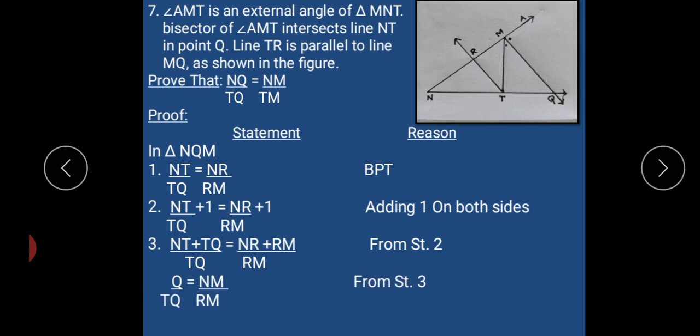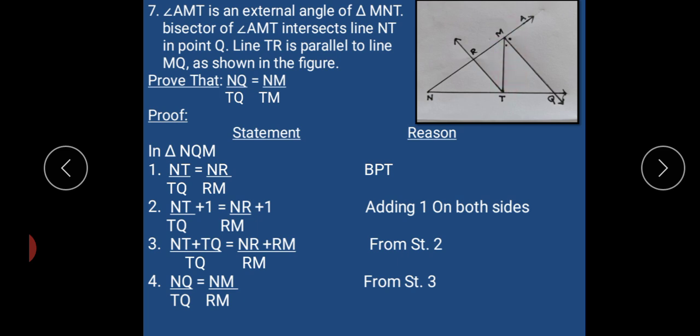Now NT plus TQ is equal to NQ upon TQ, and this side will get NM upon RM. Now look at what is given. There is only one thing left. In place of RM, we want TM. Rest everything is there.